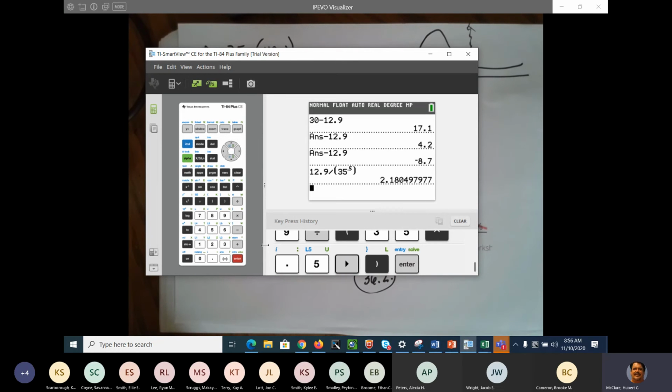So our new standard deviation is equal to 2.180497977. So you can copy that into your calculator.